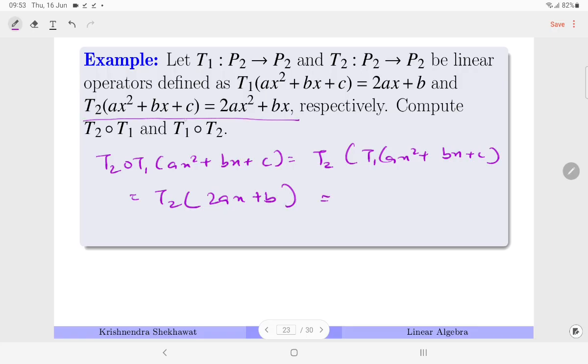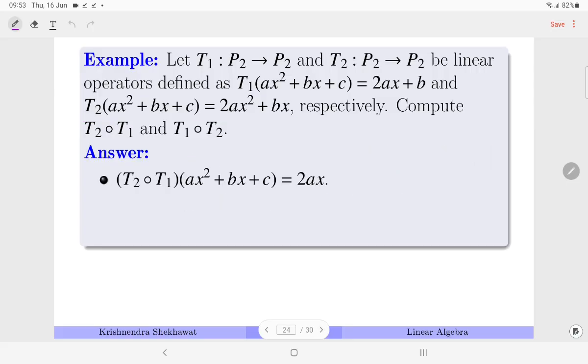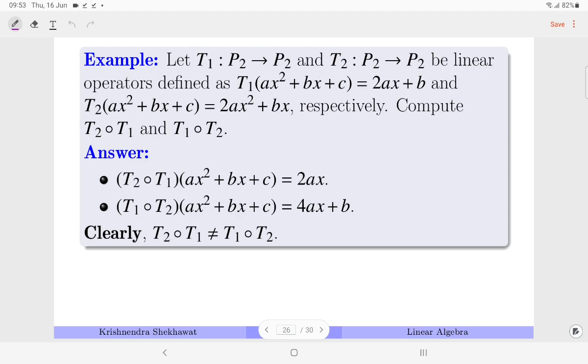It is taking c to 0, so it will take the constant to 0. So b would be 0, and it is taking bx to bx. So T2 of 2ax plus b becomes 2ax. So this is T2 of T1. Similarly, please do try to compute T1 of T2 by yourself, and you will observe that they are unequal.